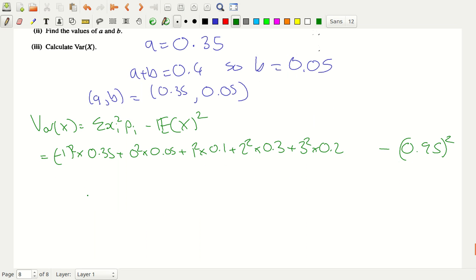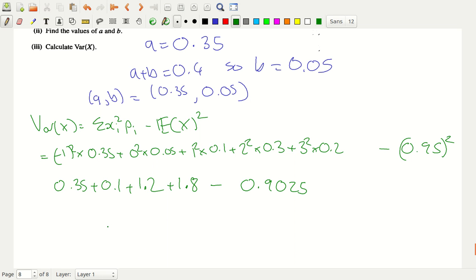Okay, so let's calculate that. Minus 1 squared is 1, so I get 0.35. 0 squared is 0, it goes away. Plus 0.1, that's 1 times 0.1. Plus, I think, 1.2, 4 times 0.3. Plus 1.8 for 9 times 0.2. Minus 0.95 squared, which is 0.9025, as it turns out.